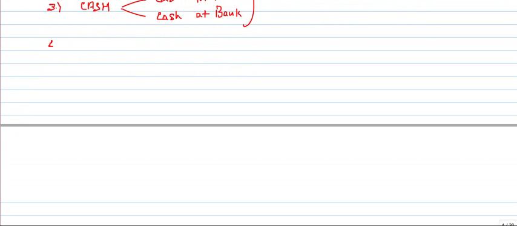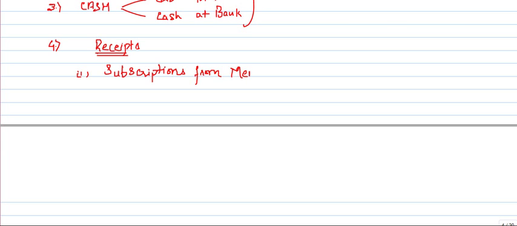Now, what are the items that can be considered as receipts and what are the items that can be considered as payments? First we'll see what items we can take in receipts. What can be the receipts? The first and the foremost will be the subscriptions that we have discussed. What are the subscriptions? The annual fees, or you can say the membership fees, right? That can be called subscriptions. Subscriptions from whom?